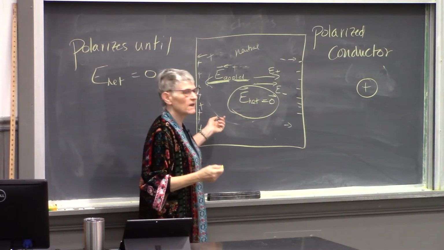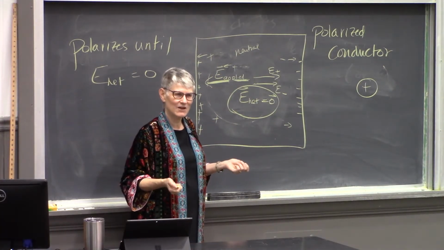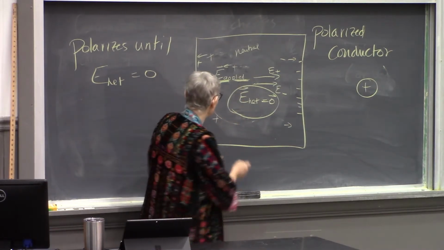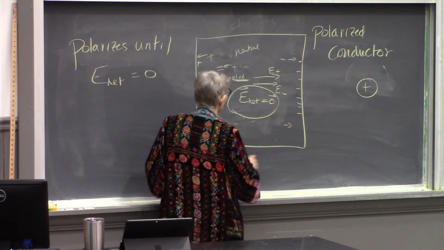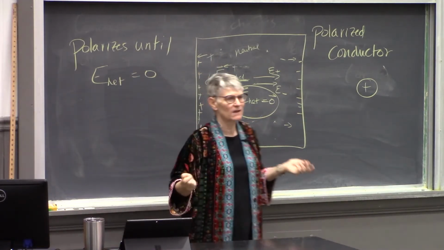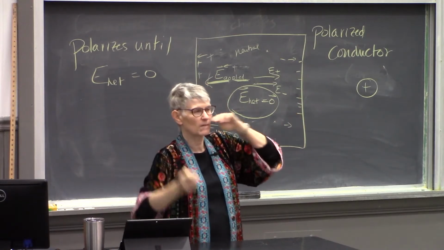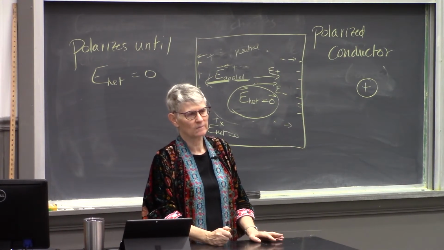And interestingly, that's the net field everywhere that has to be zero. So it's not only zero here, but it has to be zero there, and zero there, and zero there, and zero there. So we might get a kind of complicated distribution of charges around the inside of the beaker.